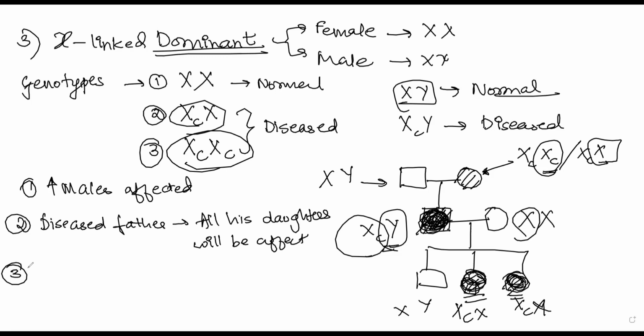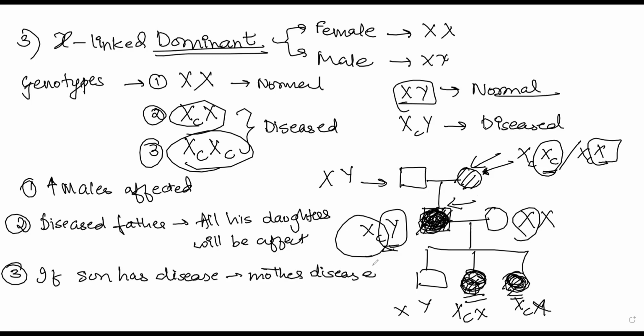Another thing you can see is that if the son has the disease, so who is the son? This one here. If the son has the disease, that by default means the mother has the disease. So if the son has disease, you will see the mother has disease. This is another trick to find out quickly whether it is X-linked.